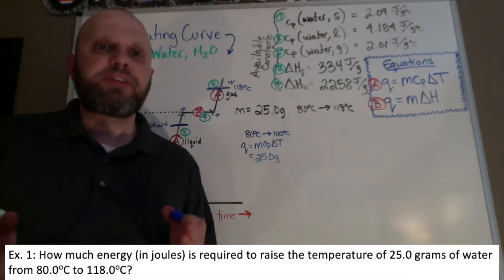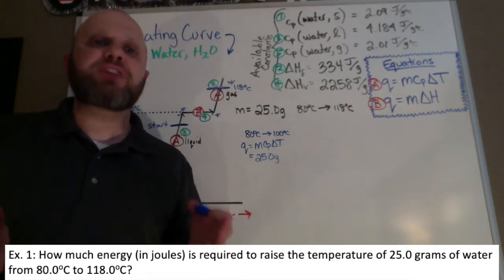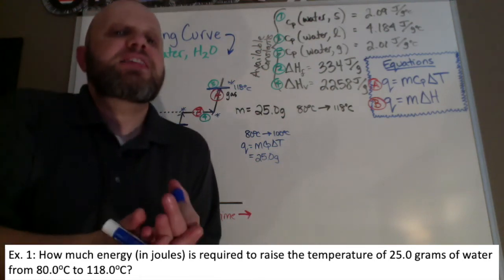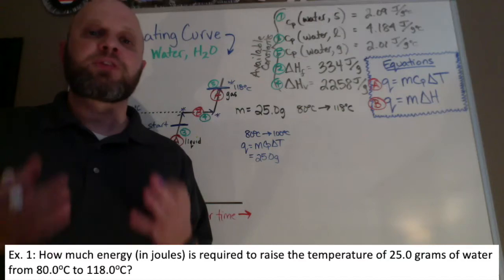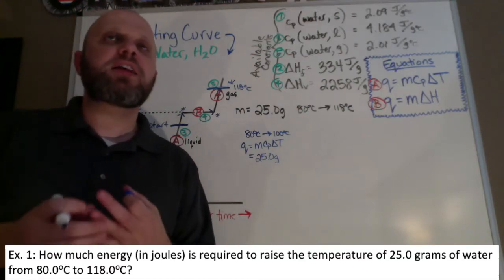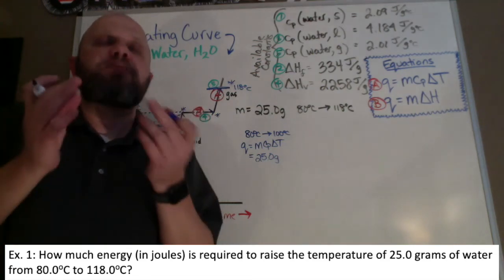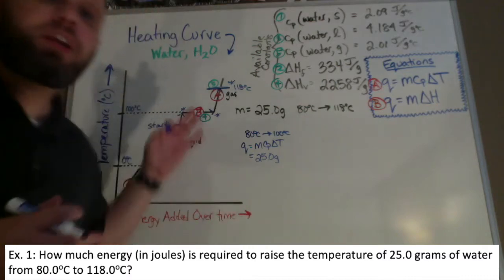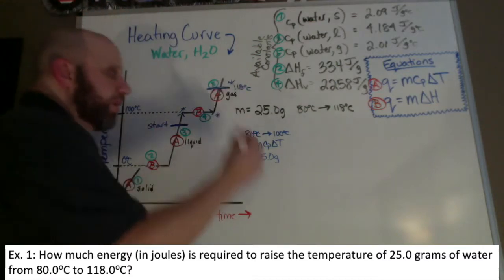When you're going through a phase change, the amount of matter is not changing. It might look very different. It might feel different. It might even feel like a different mass, but it's not. So if you have 25 grams of water, whether that water is a solid, a liquid, or a gas, the number of molecules that make it up is the same, and the mass of it is the same. So that's going to be a constant throughout our problem, no pun intended.